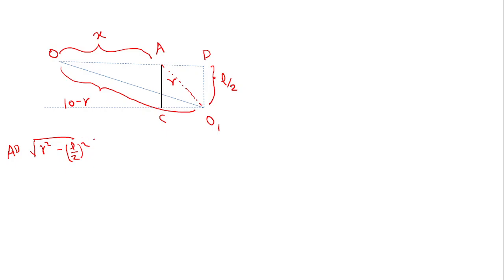Okay. So now you come to triangle OO1D, you simply apply Pythagoras theorem. So what you get? You get X plus AD, that means X plus under root R square minus L by 2 square, whole square, plus L by 2 square equals 10 minus R square.